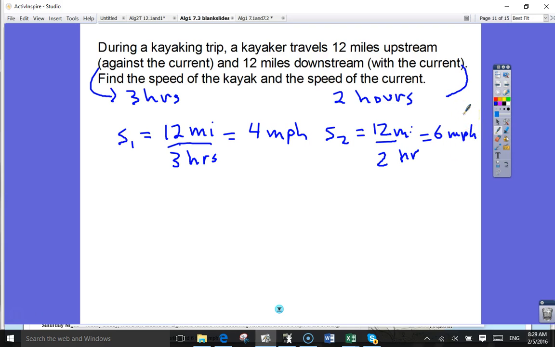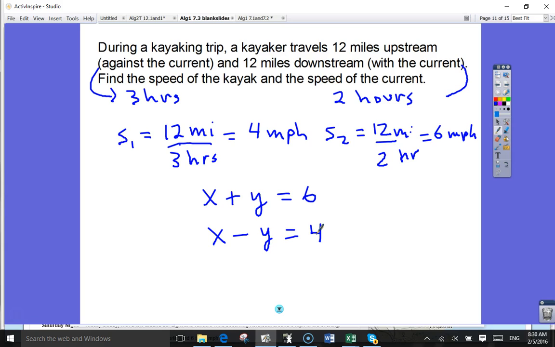So what we know is that if we add the two speeds, x plus y, when they're working together, it equals 6. He's going faster. When he's working against the current, then he's going slower. So there's a system of equations that we should be able to solve, right?